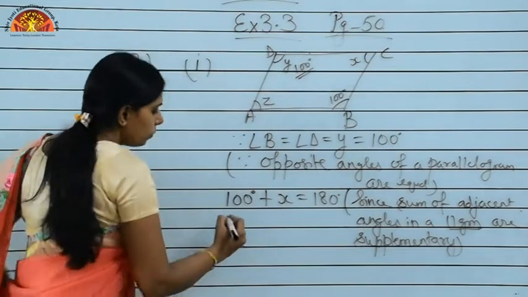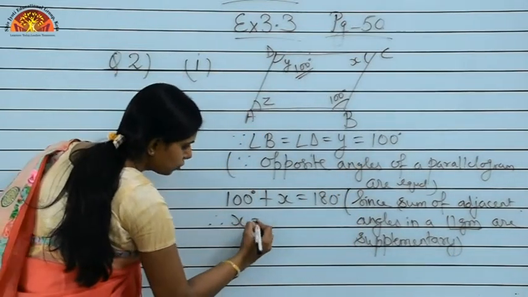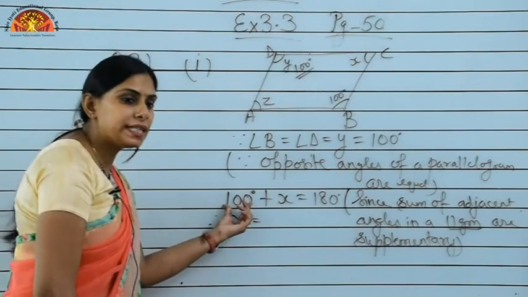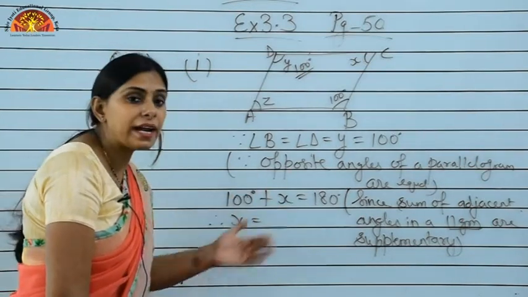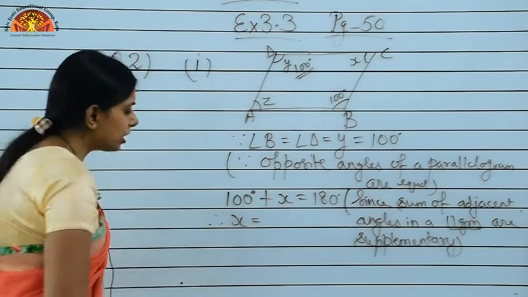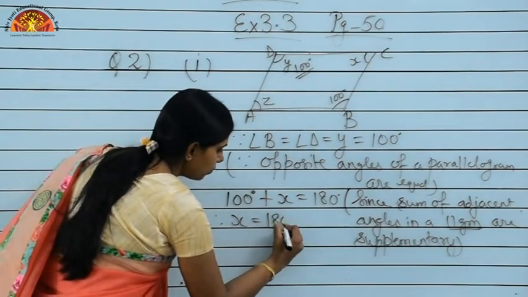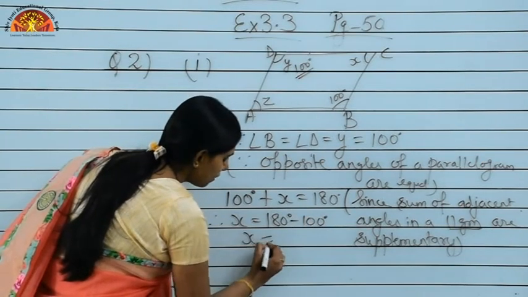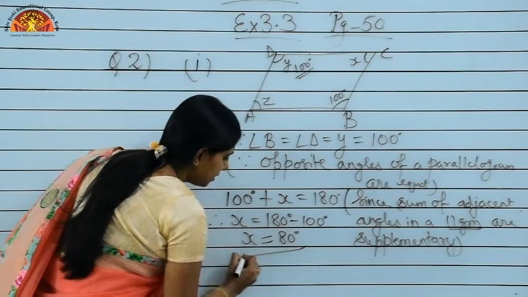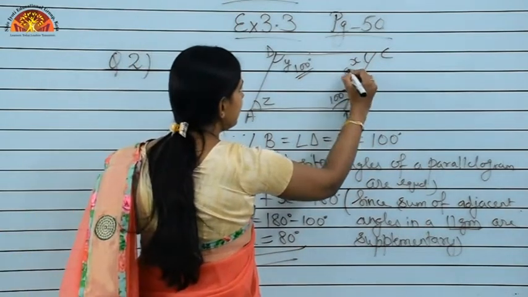Now therefore x is equal to, by taking the transpose, you can see that here it is plus 100. When it is shifted to the right hand side, the sign will change. So it will become 180 degrees minus 100 degrees. So x is equal to 80 degrees.